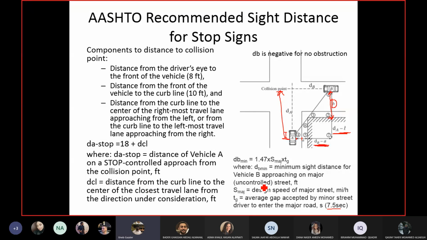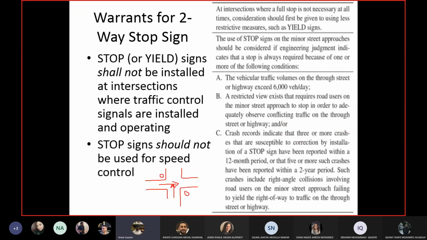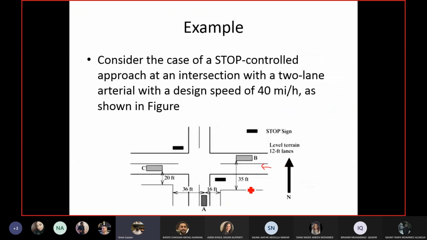We said 18 feet. So we have this 35, and we have to go to the center. This is the obstruction, so 35 plus. Now I have to go to the center, right? The center, we have a 12 feet lane, so the center will be 6 feet.